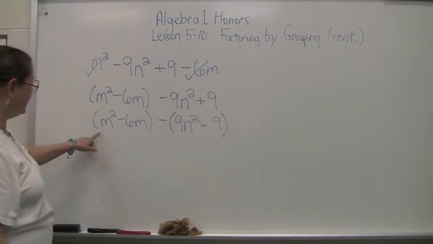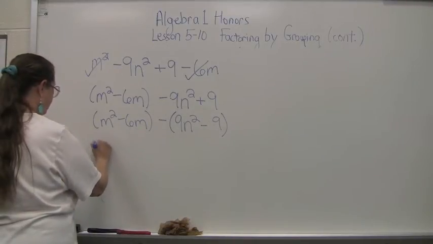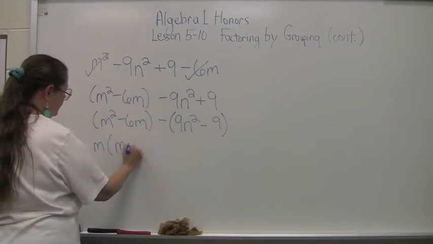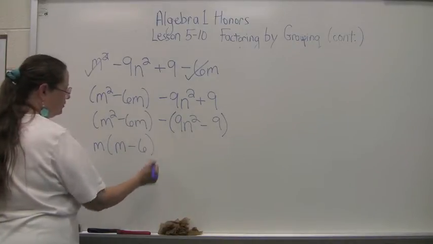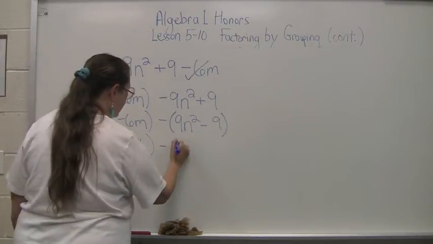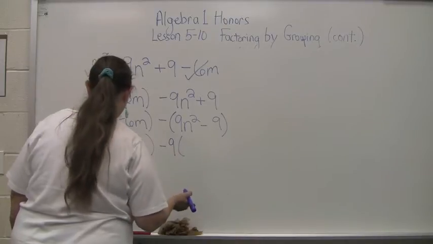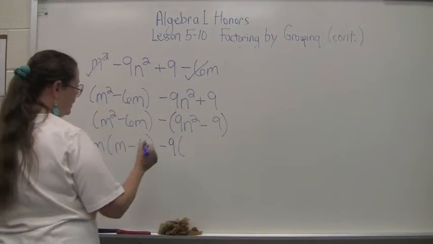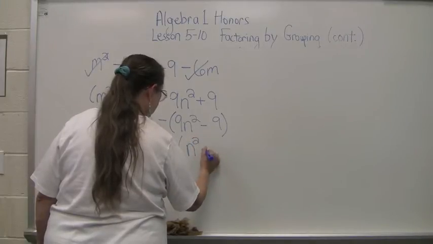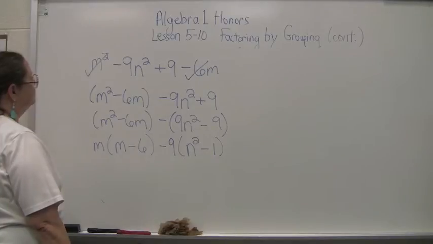Okay? And what can I take out here? Well, I can factor an m out of here, and I get m minus 6. Okay? And over here, I can factor out a 9, okay, and I get n squared minus 1. Okay.